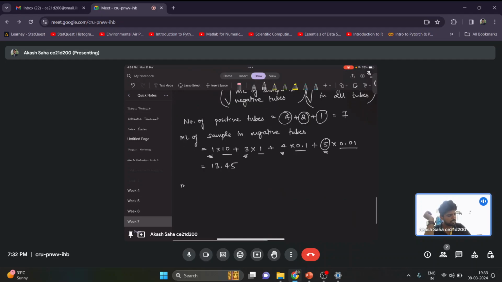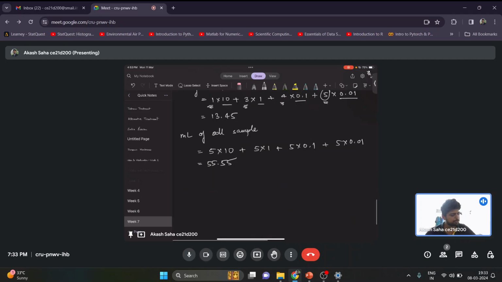And then we will find out the ml of all samples. So we have a total of 5 into 10, and 5 into 5 into 5 into 5.